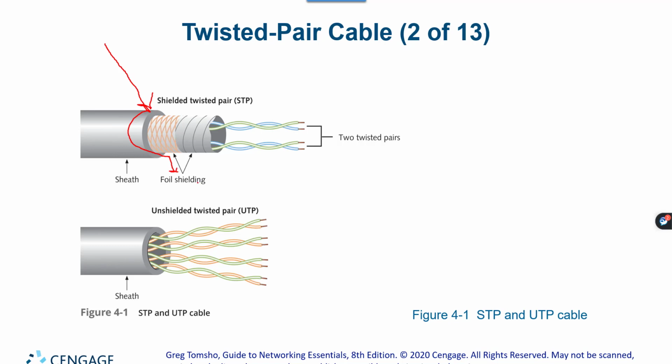Remember that electricity, waves, anything like that is going to travel the path of least resistance. You have less resistance traveling around the outside of this wire through the foil than jumping through the wire. So that's what it's going to look like in a shielded twisted pair. Our magnetic fields are going to be routed around the wire.